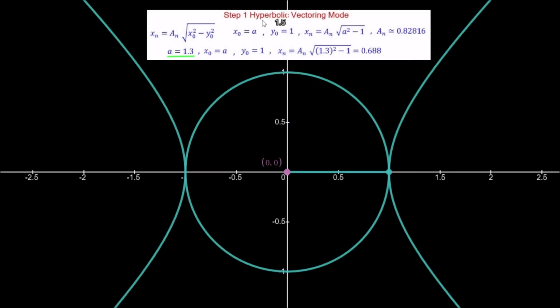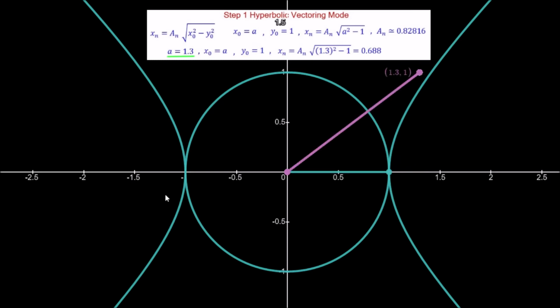So we start off with our step 1, which is the hyperbolic vectoring mode. We have our value of our input, which is A is equal to 1.3. So this is the x0 value. So I'll put that in just now. And the value for our y is a value of 1.